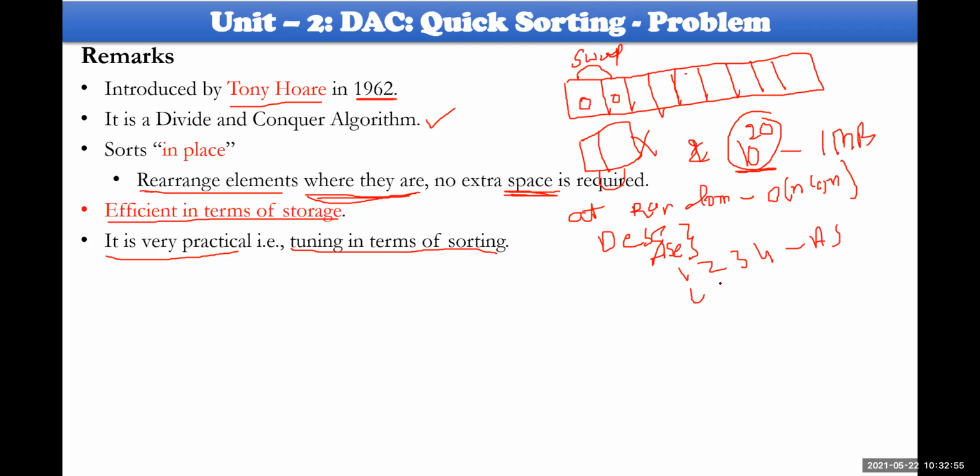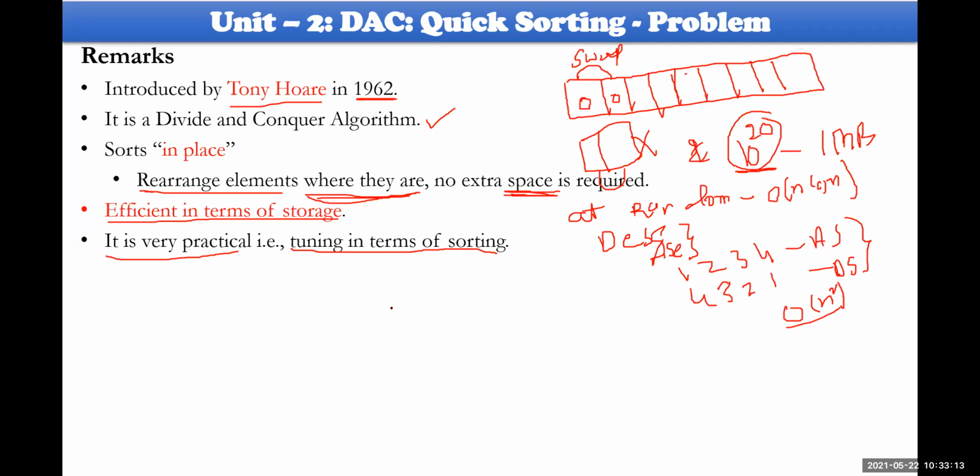So 4, 3, 2, 1, this is descending order. If data is like this, then it is big O of n square. Remember this, it could operate at big O of n square.